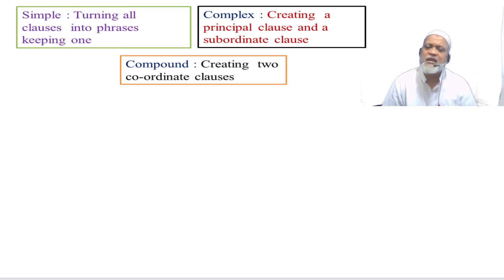And to make a complex sentence, when you are asked to change a simple or compound sentence to complex, you must create a principal clause and a subordinate clause, at least one of each.